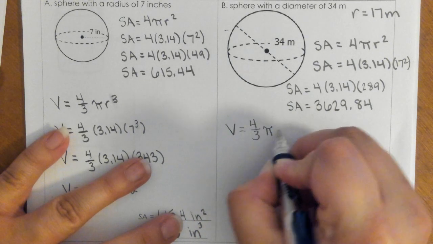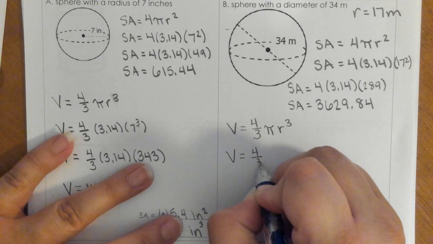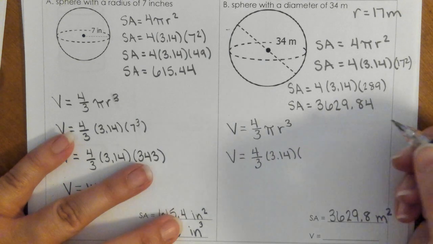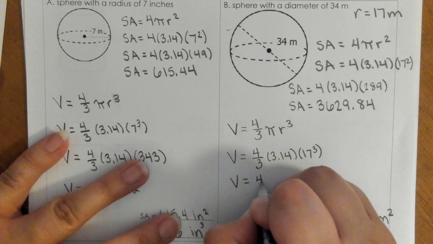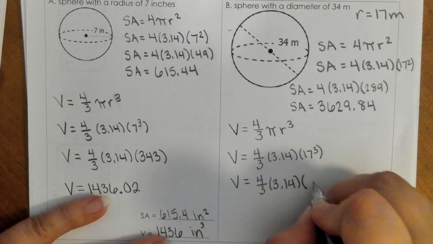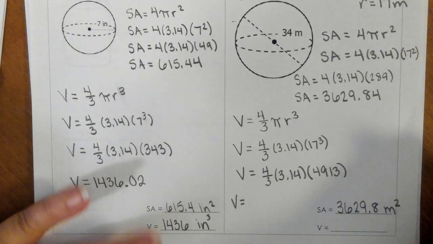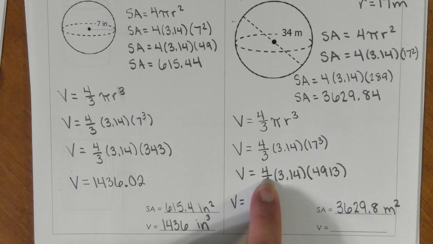Okay. Volume, 4/3 pi r cubed, and r again is 17 cubed. So I do need to figure out 17 cubed real quick. And that's 4,913. All right, so again, I'm going to multiply the 4 times 3.14 times 4913.